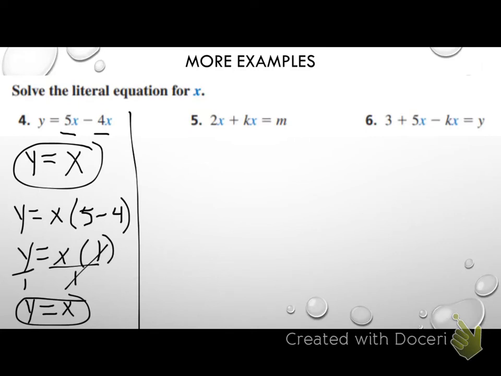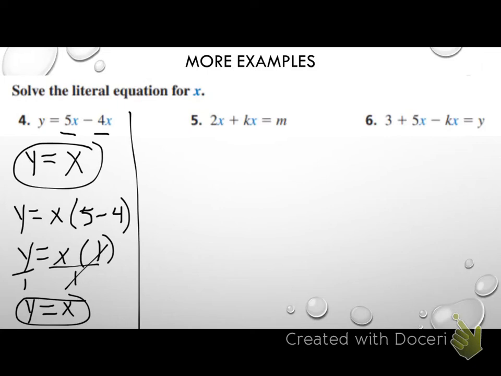Okay, number 5. 2x plus kx equals m. Raise your hand if you can help me out on the first step. I've got to use my GCF here, right? Can I combine any like terms?